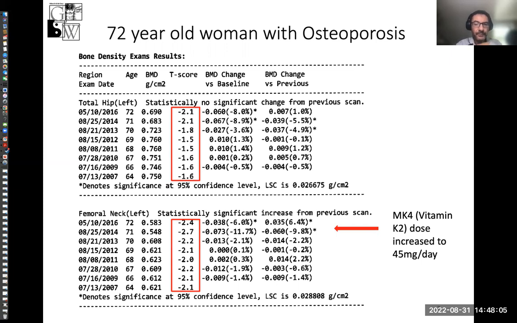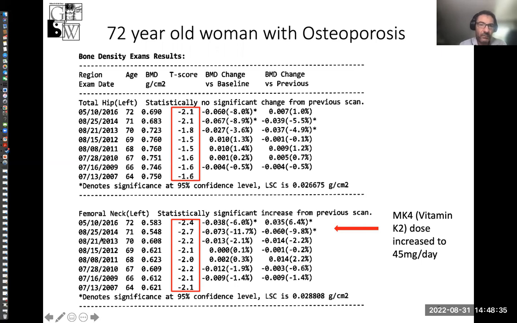So bottom line, what you're seeing here is that this patient who came to see me was already taking some calcium, and she was doing pretty well. If you look at the trend, what you're looking at here is this T-score in the red box. Femoral neck and total hip are the areas where, if someone fractures, you often need surgery, and that's a very big problem.